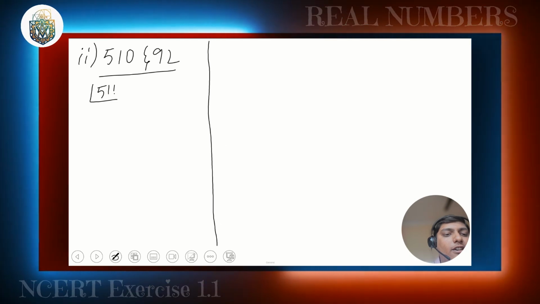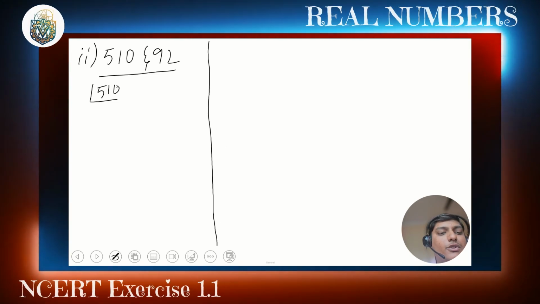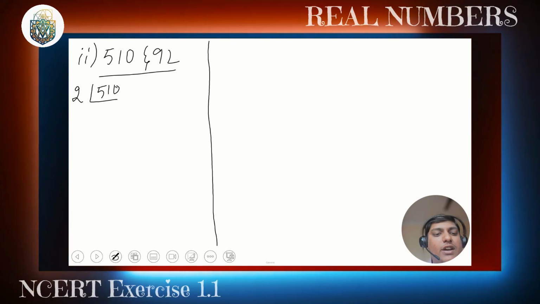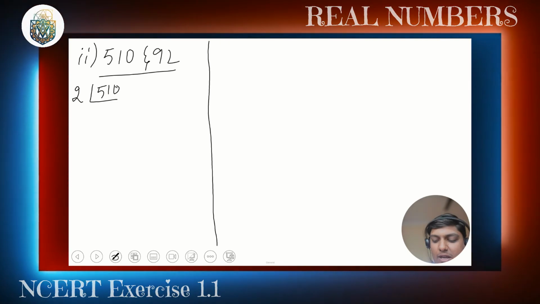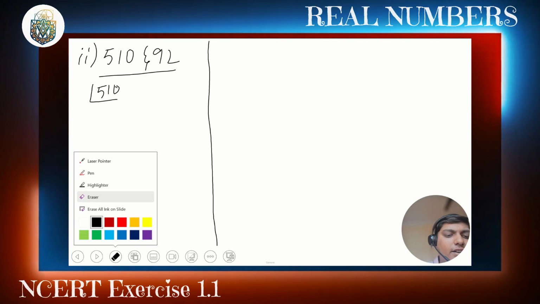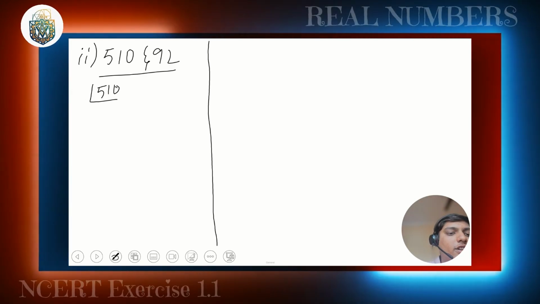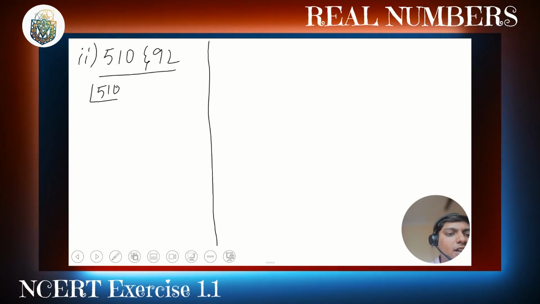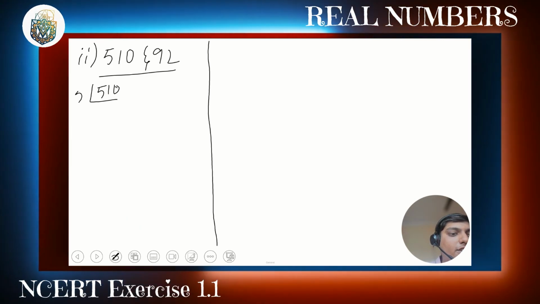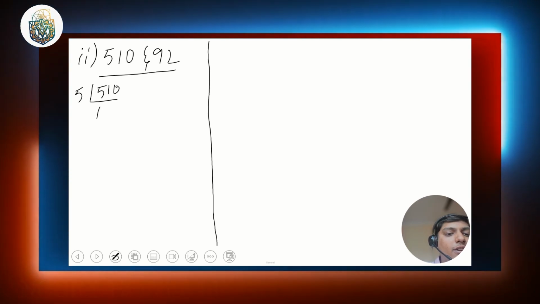For 510, if I start with 2, yes, you can do it with 2 or you can do it with 5 also. If I start with 5, it will be easier because it will be faster, correct? So you can start with 5, since factorization is always unique, you can do it with any number, please remember.